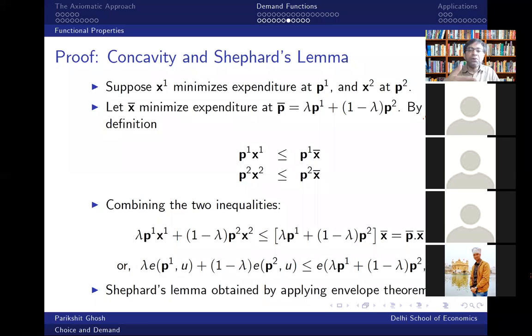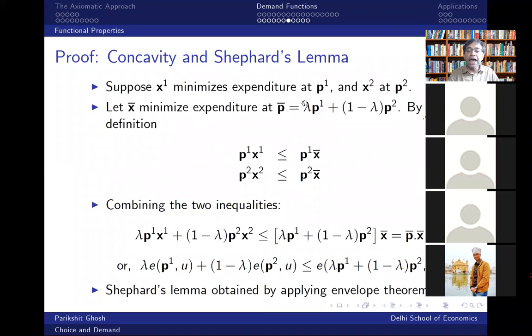Okay. Optimum in the sense of what? Optimum in the sense that it solves expenditure minimization. So these two inequalities follow from the fact that we have defined x1, x2 to be the optimal choices under those price vectors, right? So when the price vector is P1, if we choose x1, this will be the total expenditure. If we choose x bar, what is x bar?